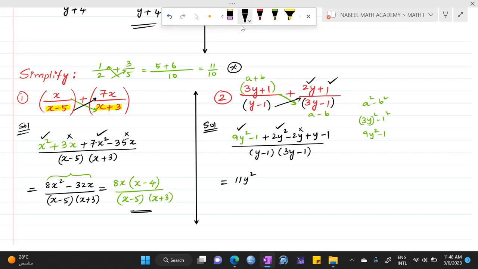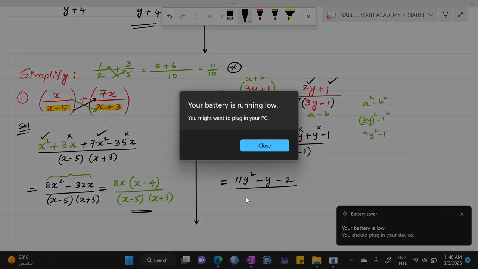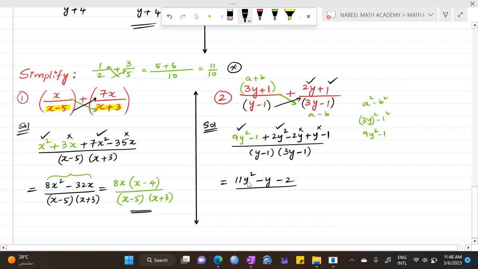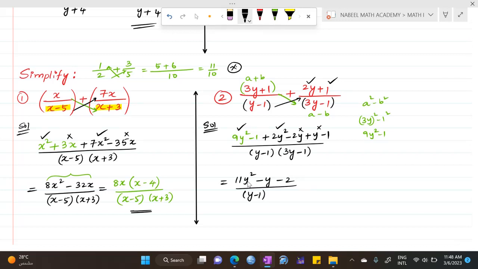Next, the y terms, which give minus y. And the constant is minus 1, minus 2, over y minus 1 and then 3y minus 1. So this can be done in this form. Thank you.